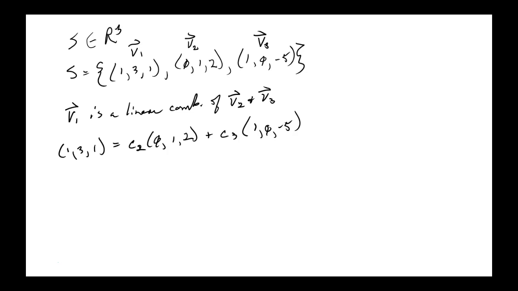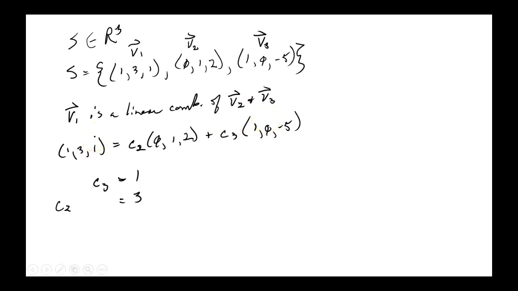So what would that be? 0 times C2 plus C3 has to equal 1, right? C2 times 0 is 0, plus 1 times C3 must equal 1. What's more, C2 is equal to 3, because C2 times 1 is C2, and C3 times 0 is 0.